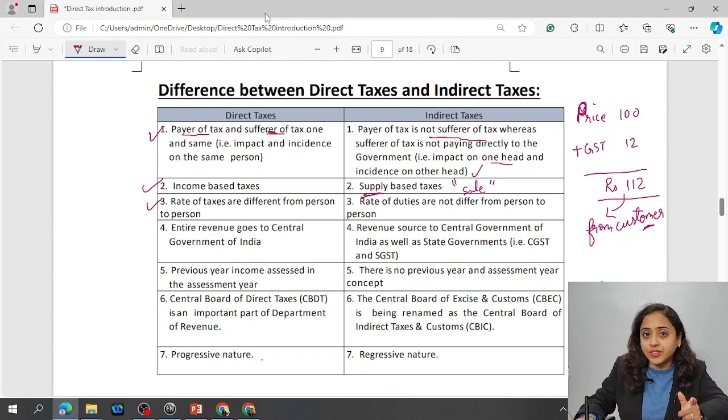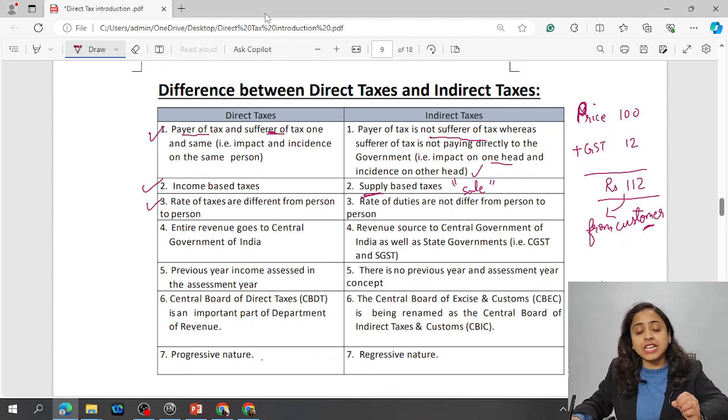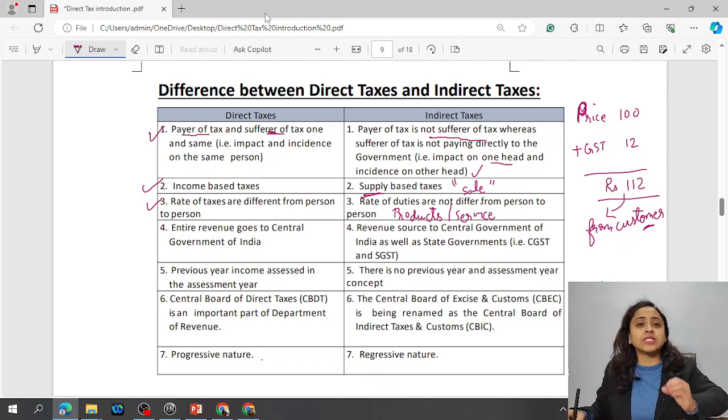The rates differ. Whereas if we talk about indirect taxes, they do not differ from person to person. Instead, they differ by goods and services, by product and service. For example, a particular service attracts 18% of indirect tax.